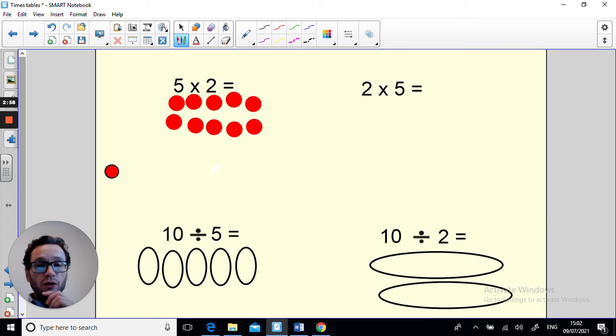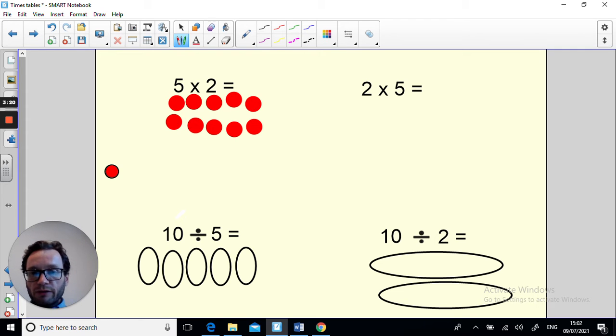We know 5 times 2 is 10. Now, hopefully you will remember that by knowing one times table fact, it can tell us lots of other useful information. It can tell us other times table facts and some division facts. They are very closely linked. If you look at the bottom where it says 10 divided by 5, I'm going to do that for you now.